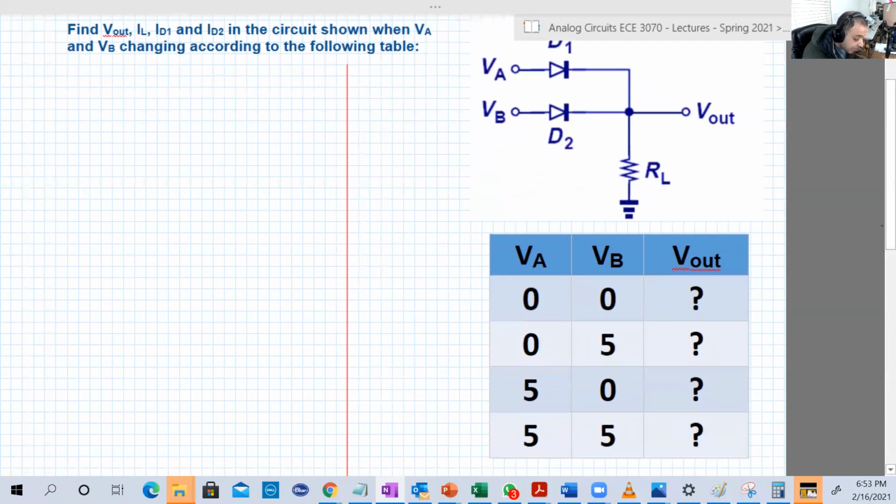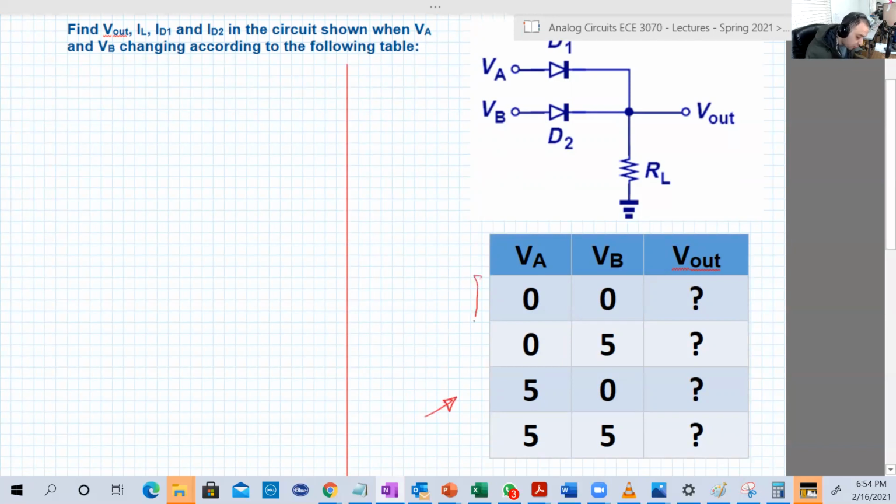VA and VB can each have 2 values, 0 and 5 volts. So VA can be 0 or 5, VB can be 0 or 5. So all possible combinations are 0,0; 0,5; 5,0; 5,5, something like this.